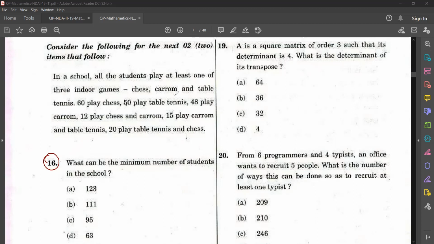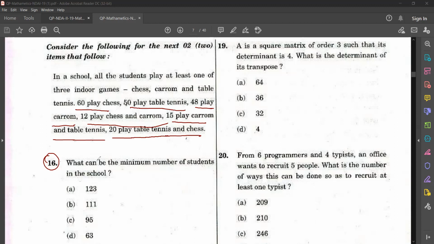In a school, all the students play at least one of three indoor games: chess, carom, table tennis. 60 play chess, 50 play tennis, 48 play carom, 12 play chess and carom, 15 play carom and table tennis, 20 play table tennis and chess.